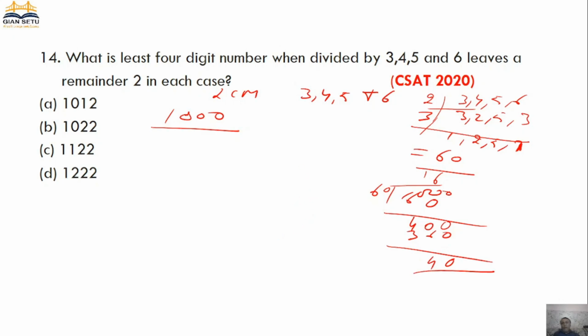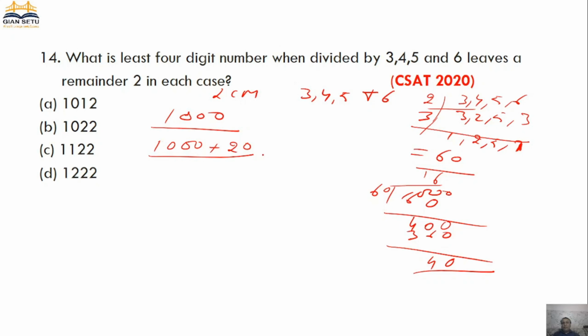That means we need to add 20 to 1000 so that it is divisible by 60. Now if we add 1000 plus 20, now this number will be divisible by 60.